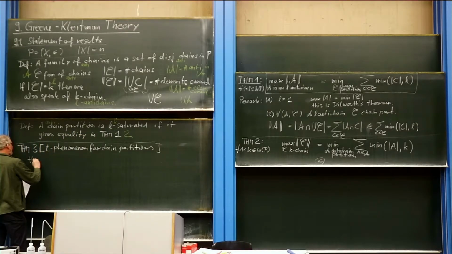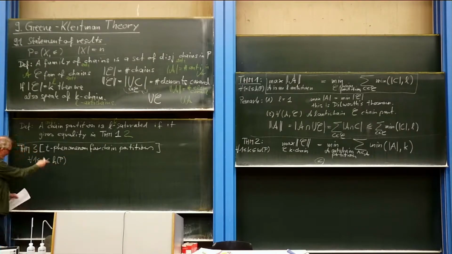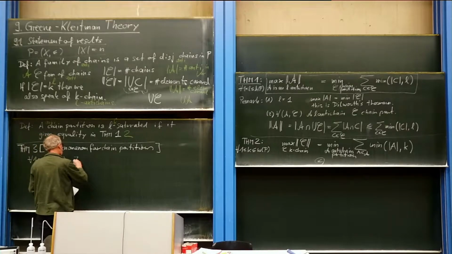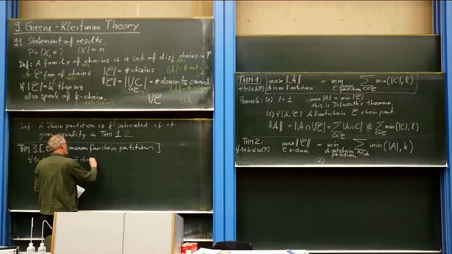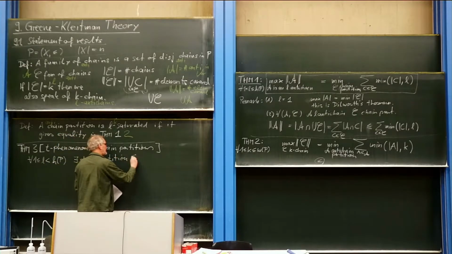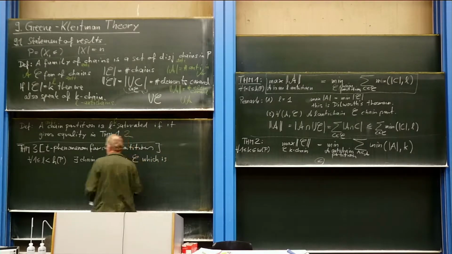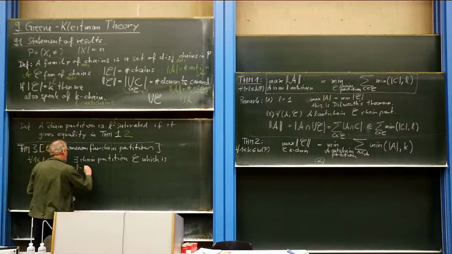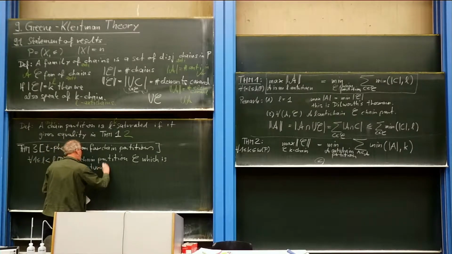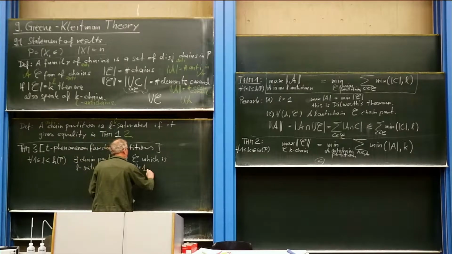It says that for every L which is reasonable, between 1 and actually strictly less than the height of P, there exists a chain partition C which is simultaneously L-saturated and L plus 1 saturated.